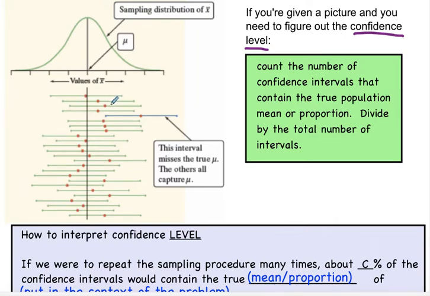There's 1, 2, 3, 4, 5, 6, 7, 8, 9, 10, 11, 12, 13, 14, 15, 16, 17, 18, 19, 20, 21, 22, 23, 24, 25. So there's 25 intervals. We need to figure out how many actually hit. It looks like all hit except this one. So that's 24 out of the 25 that actually hit the true mean. So if you divide that in your calculator, you're going to get 0.96. So this would be a 96% confidence level.